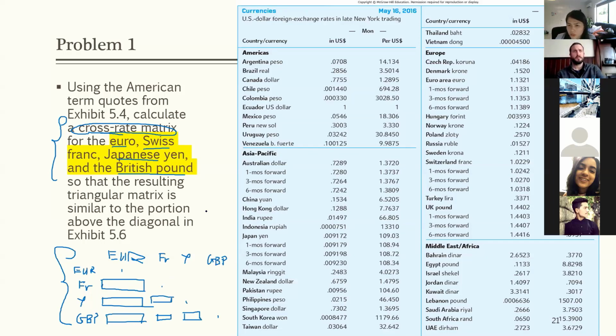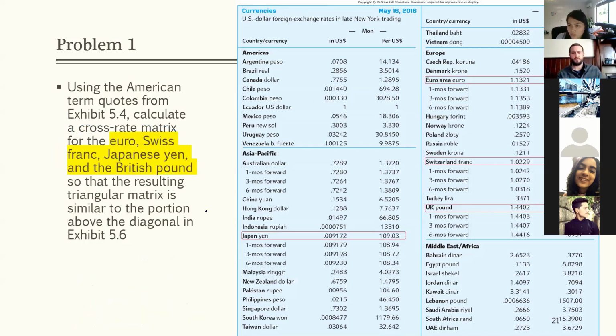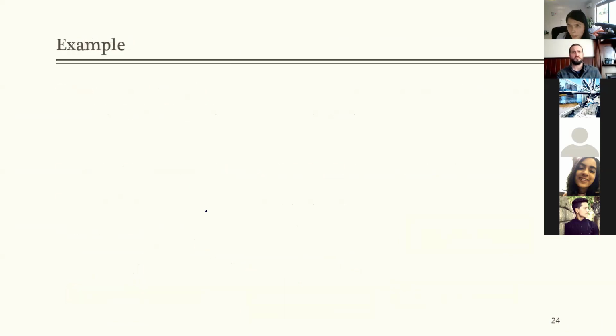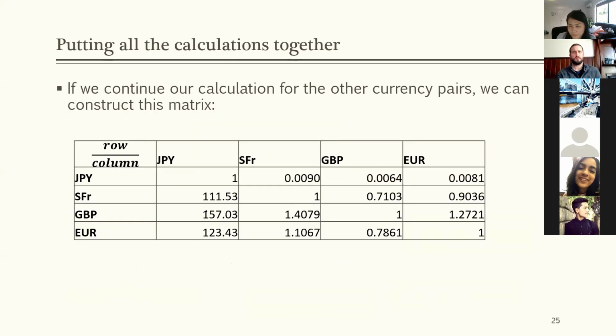Before we move on to the calculation, let me just show you the final product of the calculation. Essentially, this is what we want to construct, okay? We want to construct this matrix here. Now, I'll show you later on, but you'll find that if you look at the bottom half of the matrix and the top half, the bottom half will be the reciprocal of the top half.